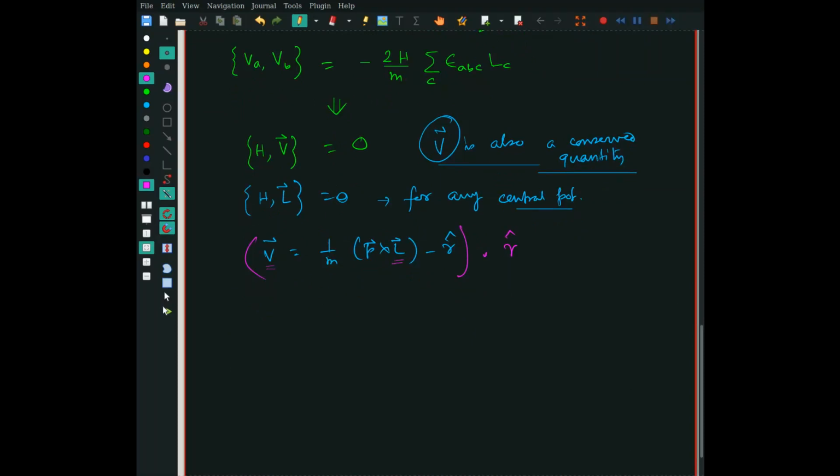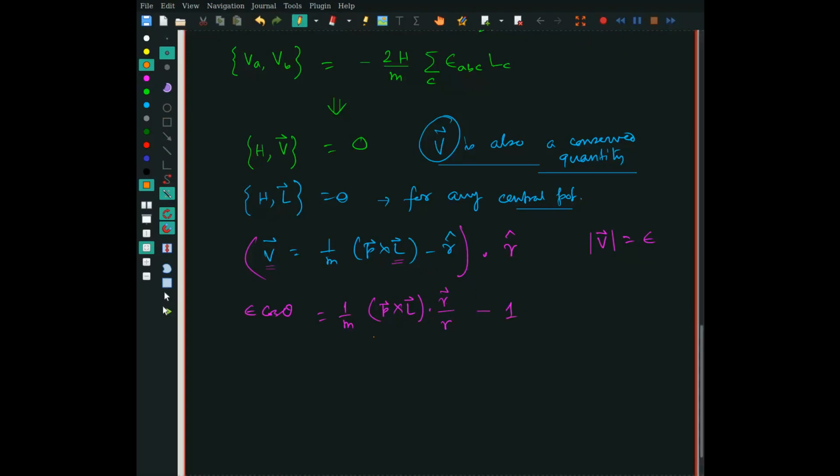Let me denote the magnitude of V as epsilon. So V dot R is basically epsilon cosine theta, which equals 1 by M, P cross L dot R. Now again, you can rearrange this thing. This R vector you write as R by R, and then this is minus 1.